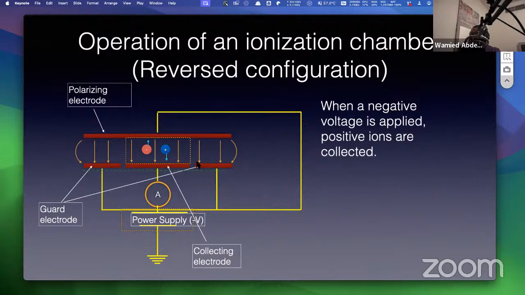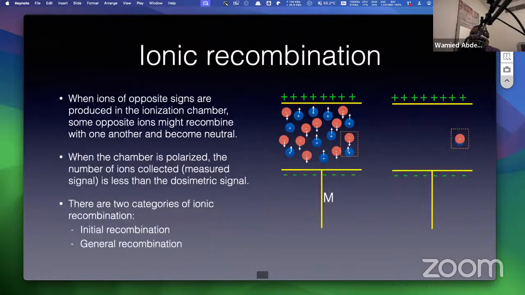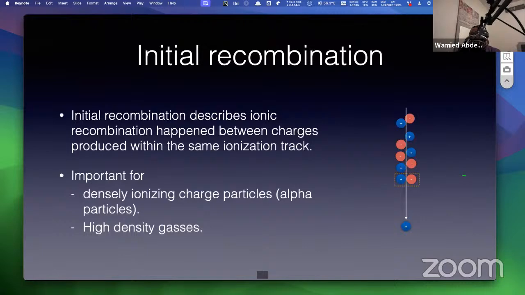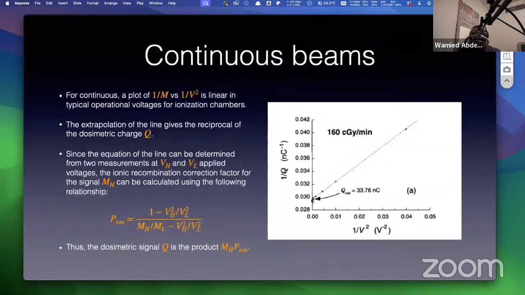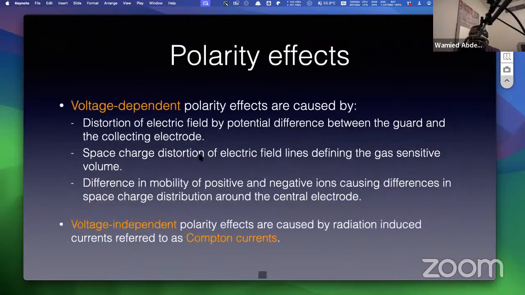So there might be a distortion. The lines of electric field might not be exactly straight like this. And this amount of distortion will depend on the voltage applied. So that's why it's a voltage-dependent effect.